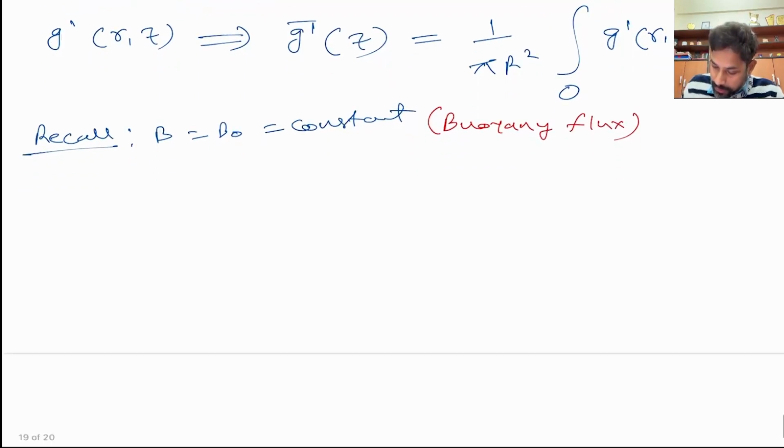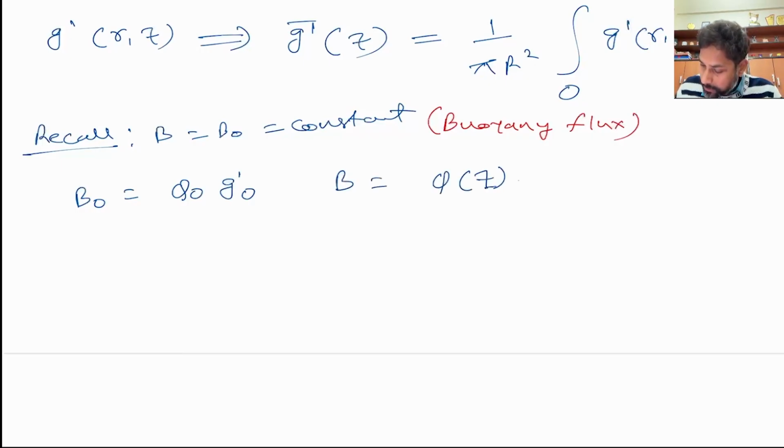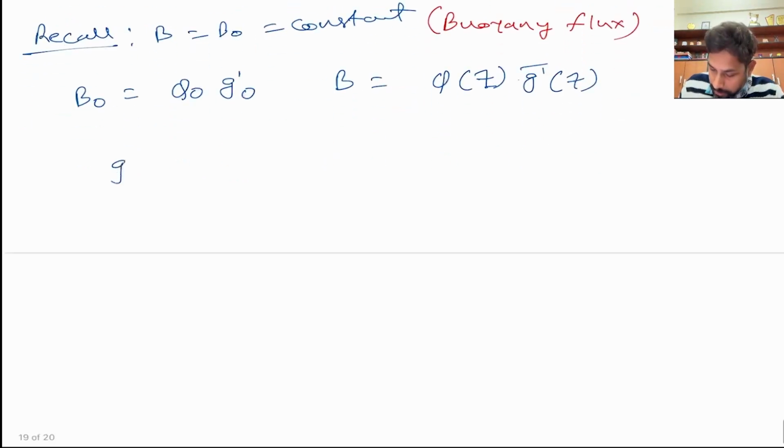Buoyancy flux is a constant which is defined as B naught is Q naught g prime naught, and B is defined as Q of z into g prime of z, where g prime is now an average value at that particular elevation, and that is why we can find g prime bar as a function of z using our B naught value.